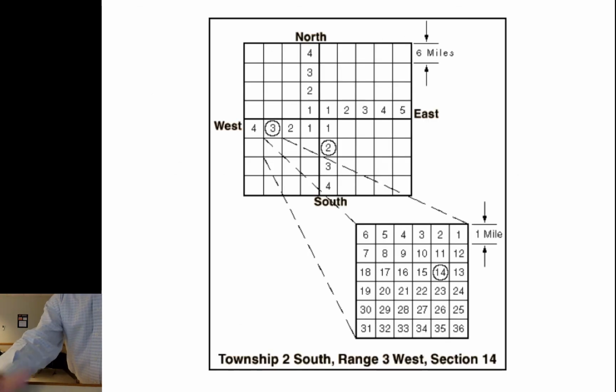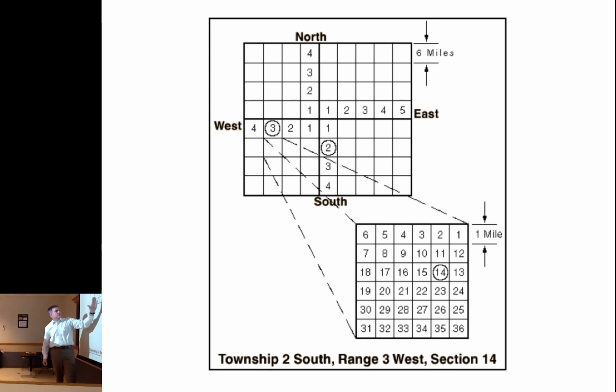And if we look at what we have, here is something you're probably familiar with. We have a diagram showing a large region, and each one of these squares would be referred to as a township. The townships are described cartographically on a map by their relative distance from what's called the principal meridian, that is, the line of longitude, but it's actually not a line of longitude in many cases.